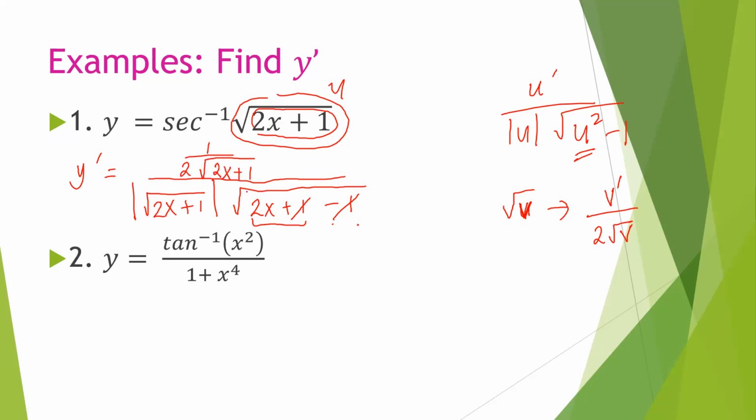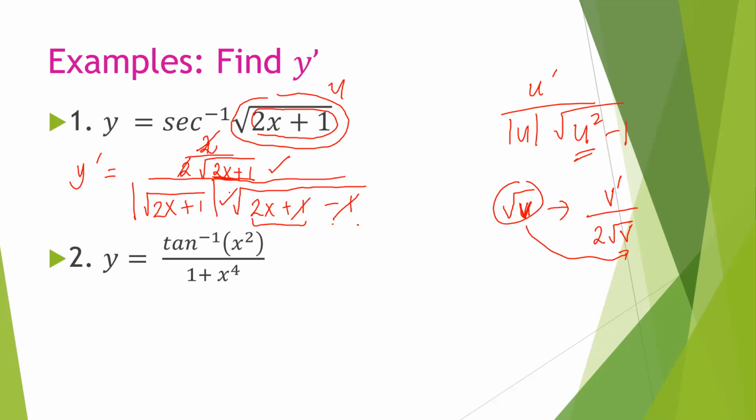Then it's like you just copied it, there it is again in the denominator. Then whatever is the derivative of that goes on top. So the derivative is 2, and that will just cancel out. Take note that you have a square root of 2x plus 1 there and a square root of 2x plus 1 here, which can go together.